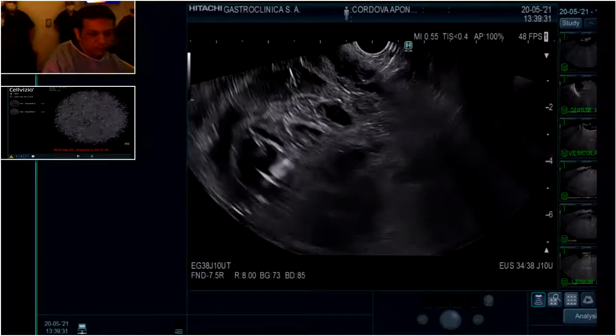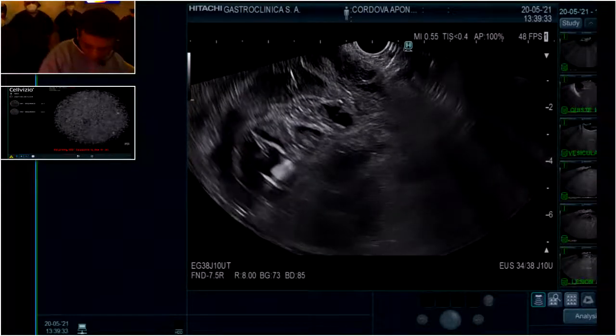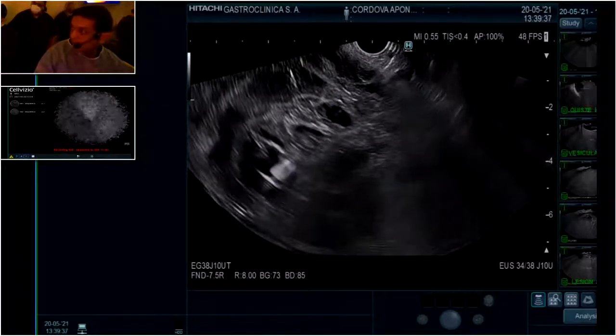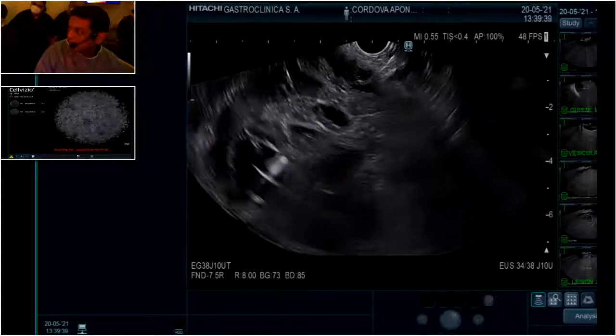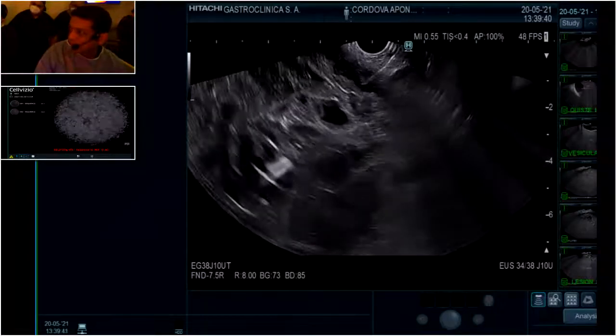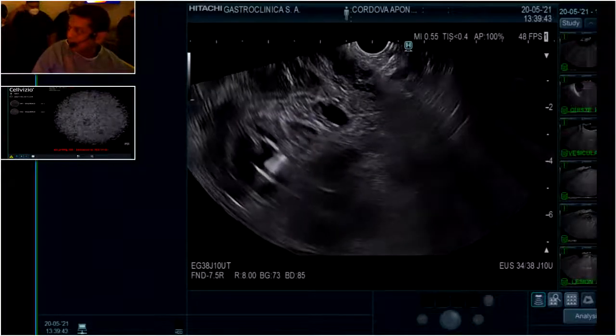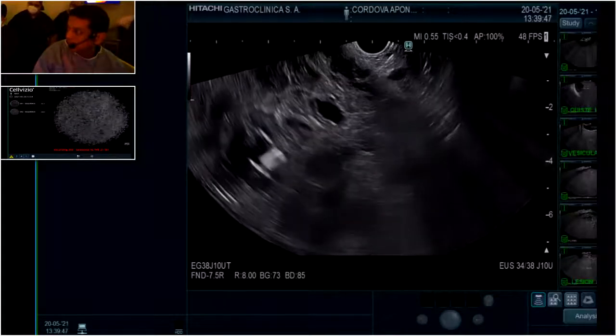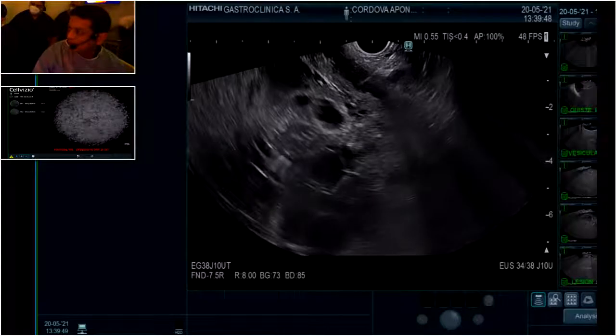You see now. Now the wall of the cyst, but I can't traverse the whole cyst without pass any lesion, any sept.